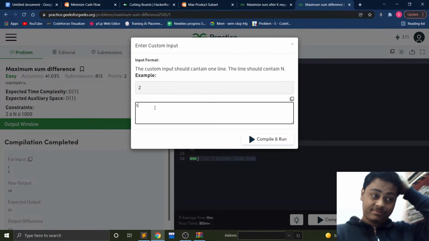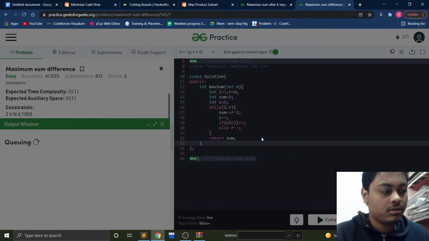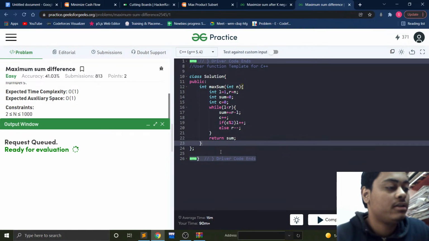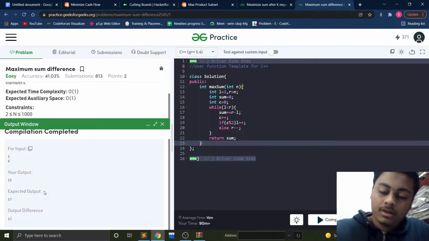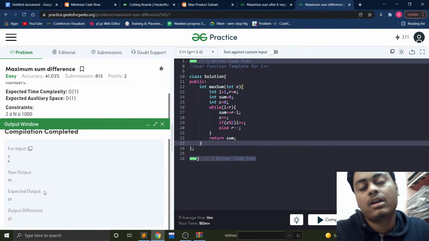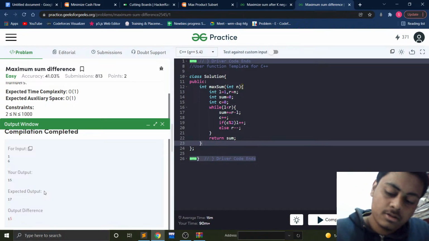Is 5. What if I give 6? For evens, will it work fine? Is it that even and odd matter? Okay. 6. Does it matter if I start with the largest one or the smallest one? 1 6 2 5 3 4 or 6 1 5 2 4 3.